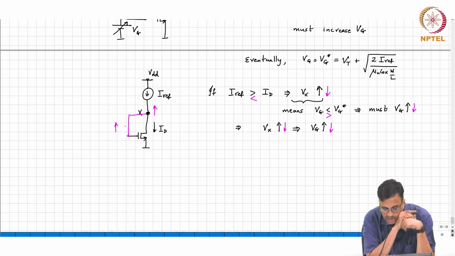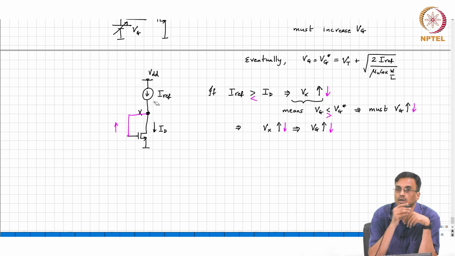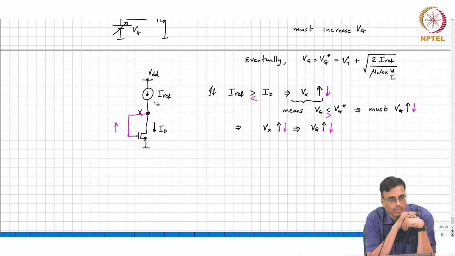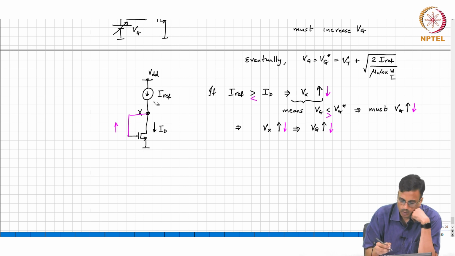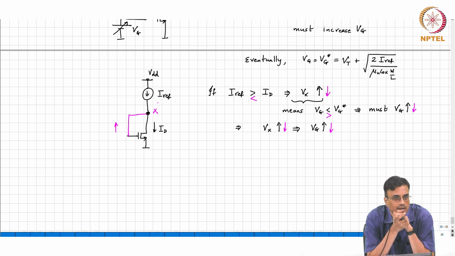So, in steady state, IREF will be exactly equal to ID, and therefore, the voltage developed at the gate is exactly that needed to make sure that the current in the drain is equal to IREF, irrespective of the properties of the transistor. Does it make sense, people? All right.